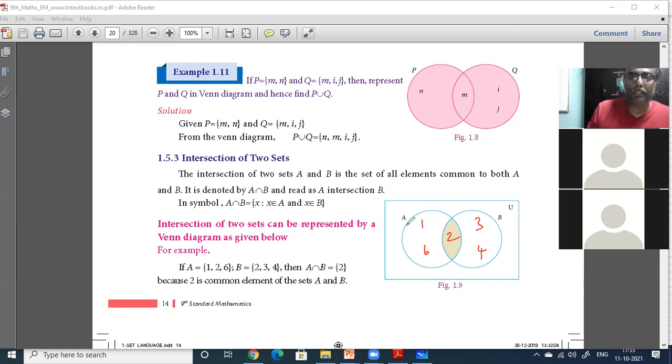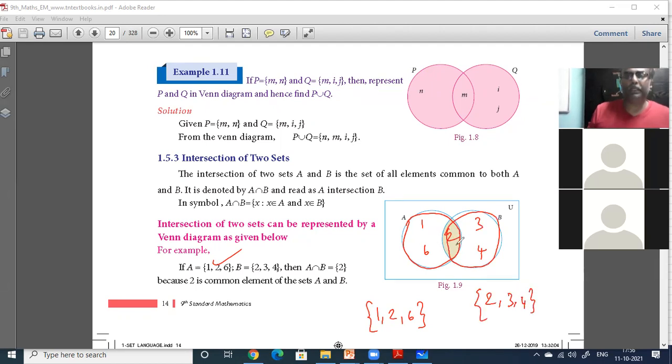If you take only A, you are getting 1, 2, and 6, the original set. If you take only B, you are getting 2, 3, and 4. But both A and B common means A intersection B. Only one element is found in this area, that is 2.